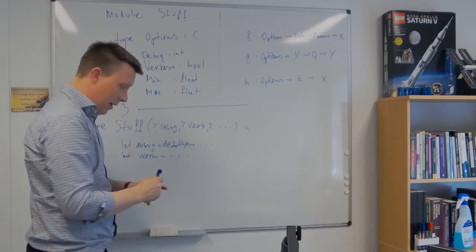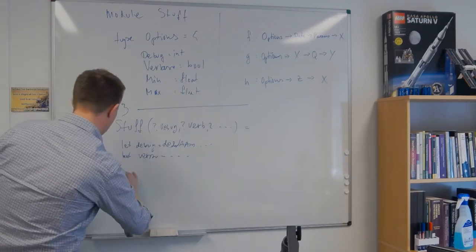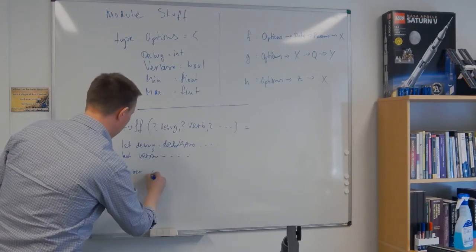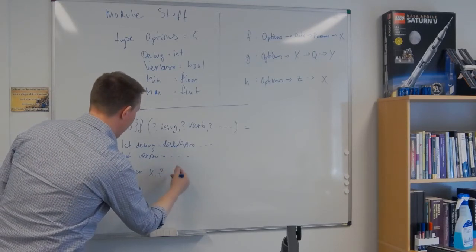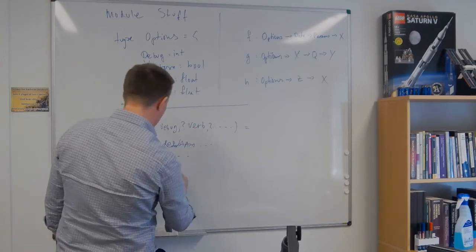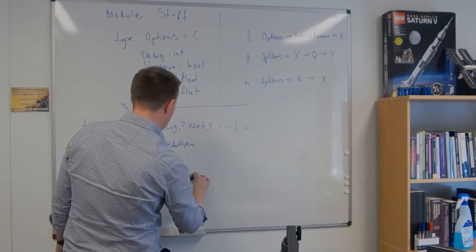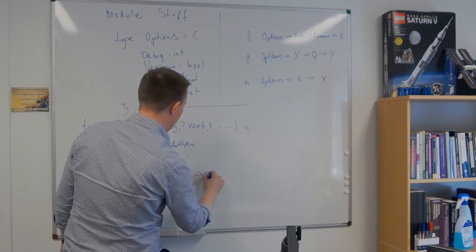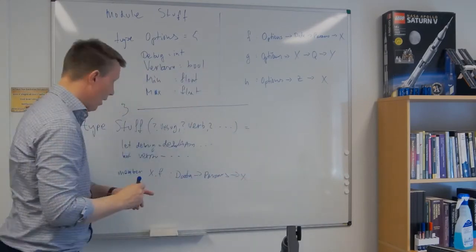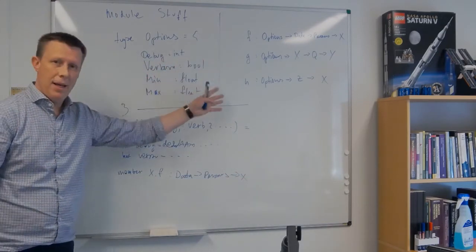And now I can implement my functions as members, not static members, but proper members with x.f, and then instead of taking options, f will just take data and params and return an x. And then the same for g and h and so on.